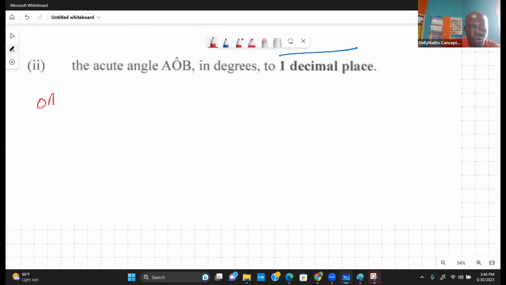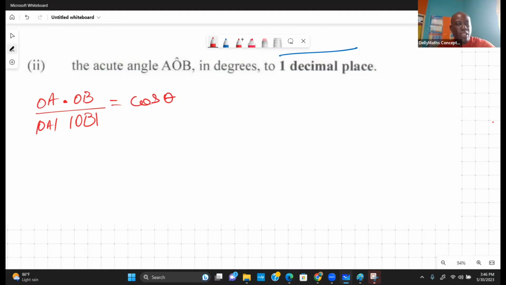If we have OA dot OB, the dot product, over the modulus of OA times the modulus of OB, this is going to equal the cosine of the angle between OA and OB. So we could find the dot product first. We want to go to the dot product now.